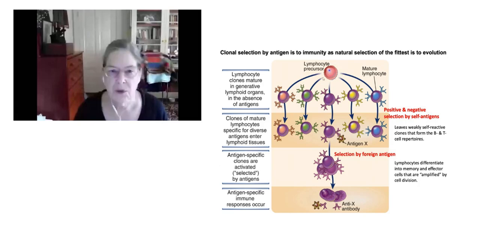So you have a lymphocyte precursor in your bone marrow, and the T cell ones will travel to the thymus.